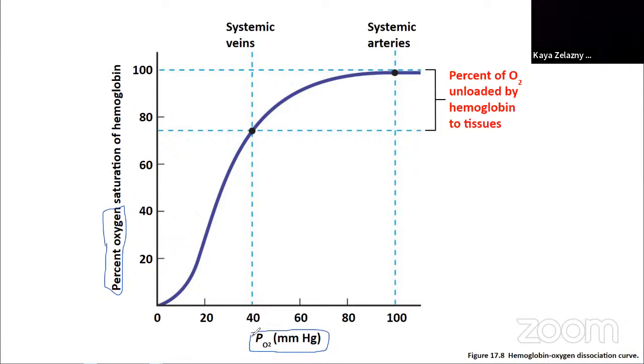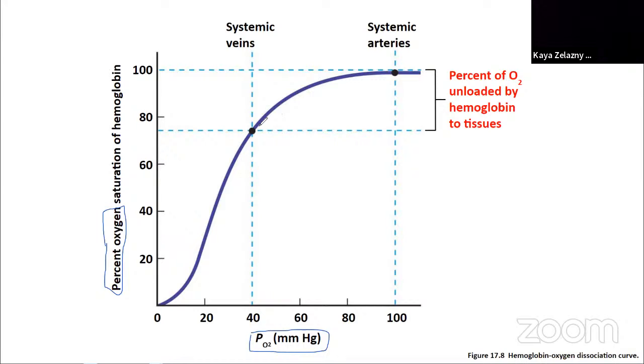We can do this because remember that this works by the law of mass action, right? So if we have a higher partial pressure of oxygen, we have more oxygen, we're going to have a greater saturation of hemoglobin because more oxygen is coming into contact with the hemoglobin and therefore more is binding to the hemoglobin.